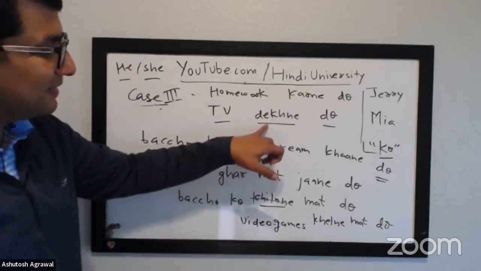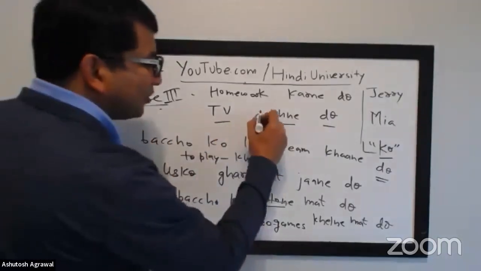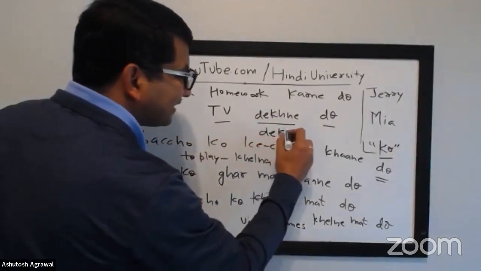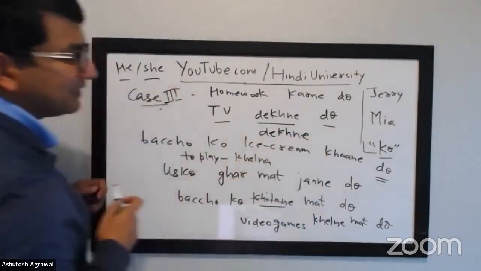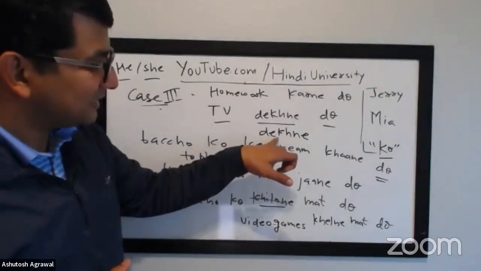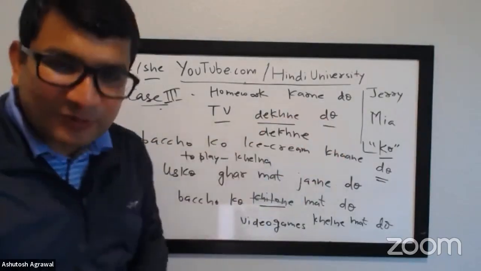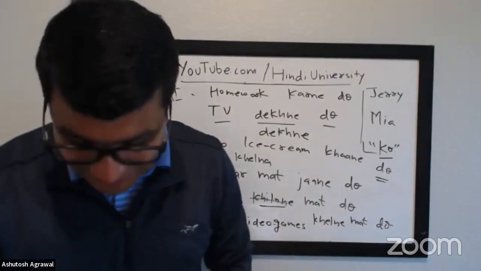The verb is, what do you see? Maybe you cannot read my handwriting. बच्चों को टेलीविजन मत देखने दो. There you go. Right? देखने दो. Awesome. See, you tried it. That's a good thing.